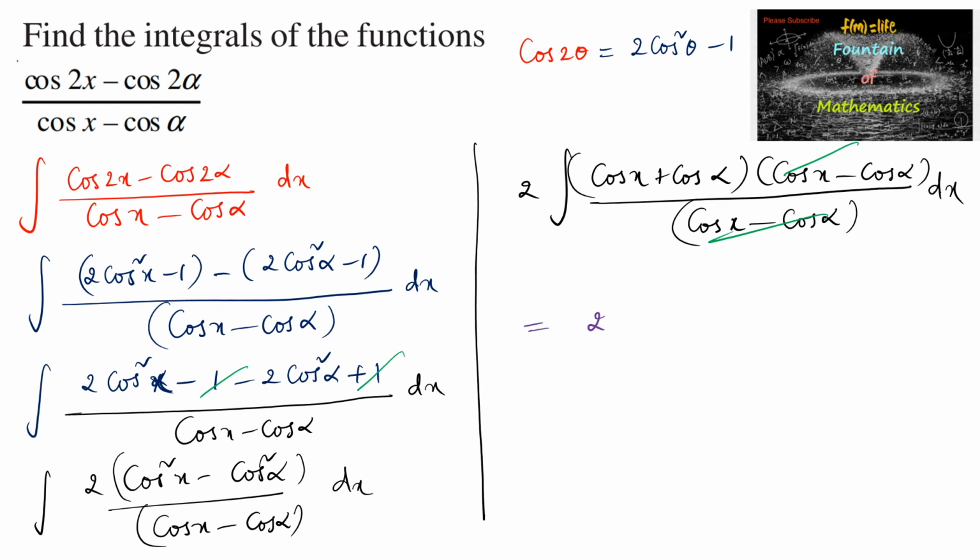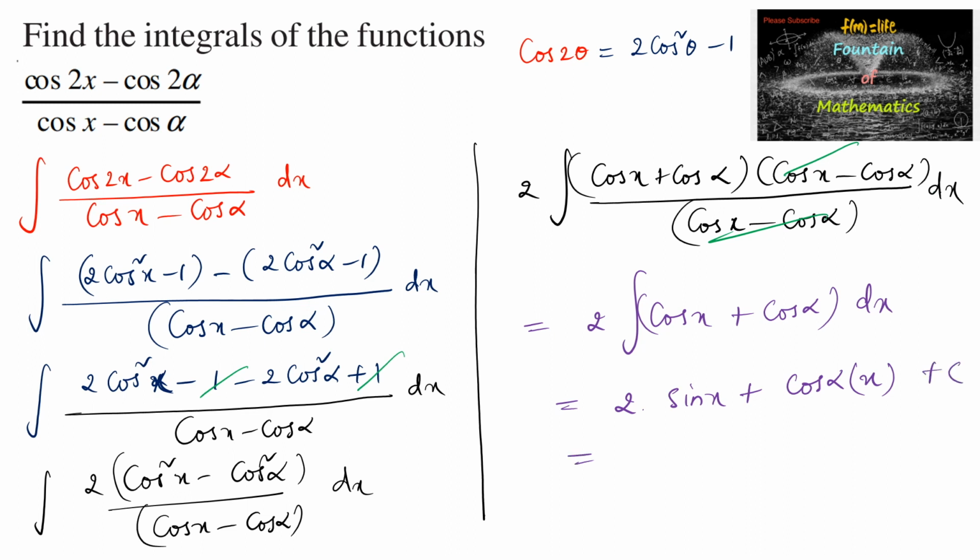Which is equal to 2 times integral of (cos x plus cos alpha) dx. So 2 times: integration of cos x is sin x, and integration of cos alpha is a constant, so integration of 1 dx is x. So here we can write plus c. So 2 times (sin x plus x cos alpha) plus c is the answer.